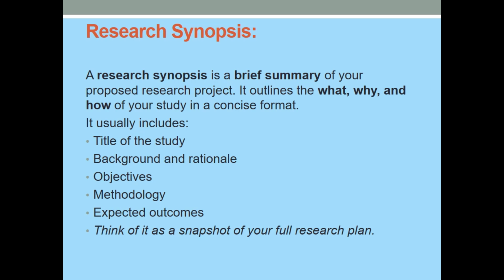It usually includes the title of the study, study background or literature search, and the rationales and objectives of the research, and a brief summary of methodology and expected outcome. Think of it as a snapshot of your full research plan.